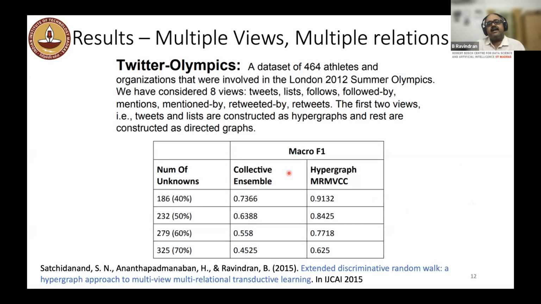Right? And so our method, you can see, very comprehensively beats that, regardless of how much information we have about the graph. Even when we have very little information about the graph, and more than 70% of the graph is unknown, we still do much better than the collective ensemble approach. Right? And so this was joint work with two of my master's students, Chitosan and Harini.